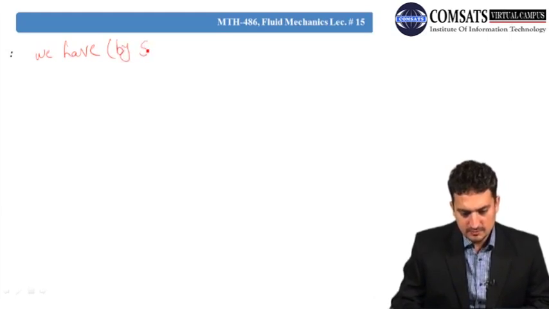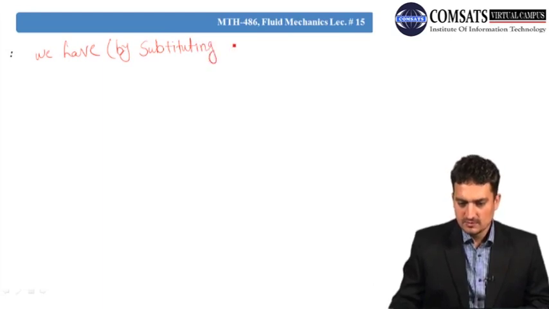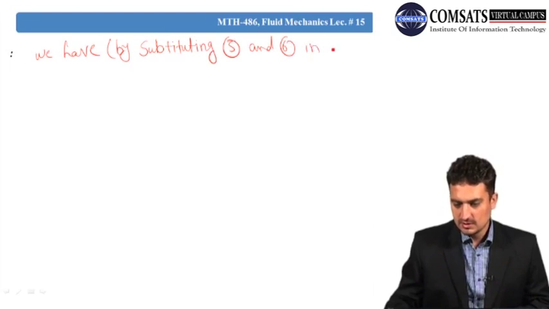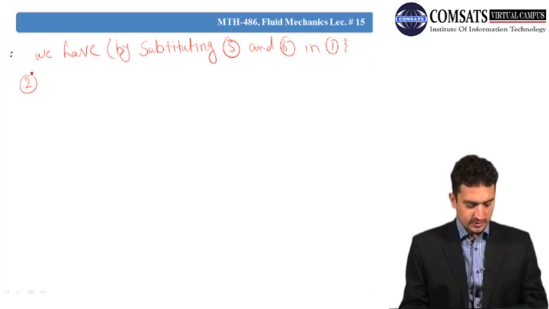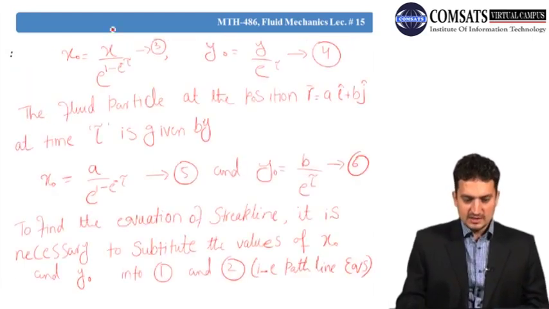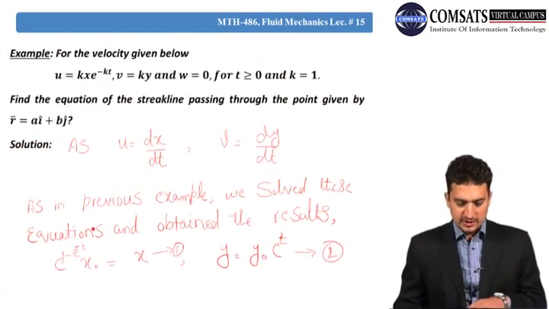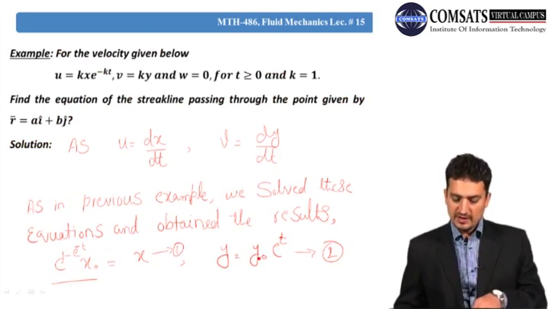You can say by substituting 5 and 6 in 1 and 2 respectively, we get x is equal to... x नॉट की जगह पे हमने x नॉट की वैल्यू इक्वेशन 5 से यहाँ सब्स्टिट्यूट की, और सिमिलरली y नॉट की जगह पे y नॉट की वैल्यू इक्वेशन 6 से यहाँ सब्स्टिट्यूट करेंगे.